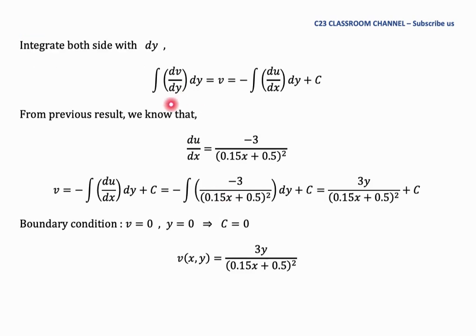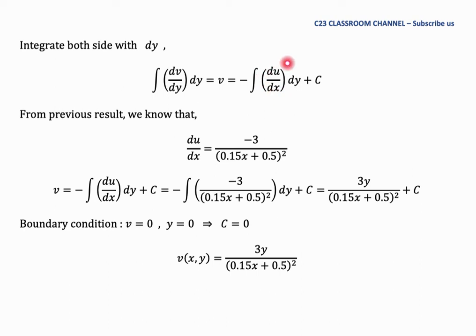So the integral of dv/dy with dy gives v, because we cancel the y here, and the integration of dv will give us v. And for the right hand side, we have negative integral of du/dx dy plus c, where c is the constant.